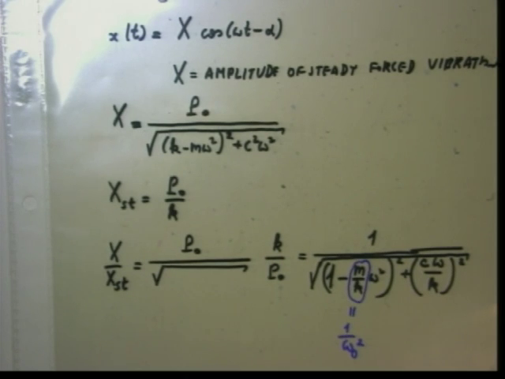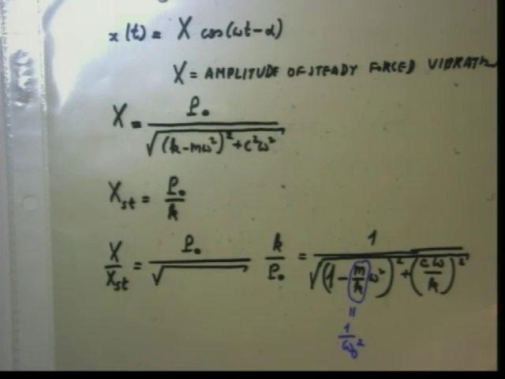But if the amplitude of the load were applied statically, then the displacement would be x static equals P0 over K. That is, were the amplitude of the loading applied statically, that would result in a static displacement, which is P0 over K.